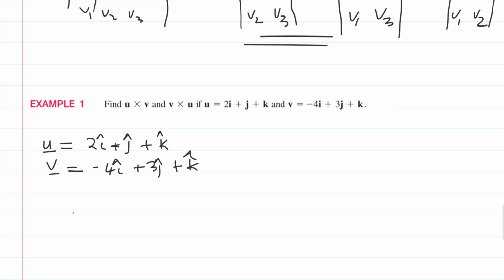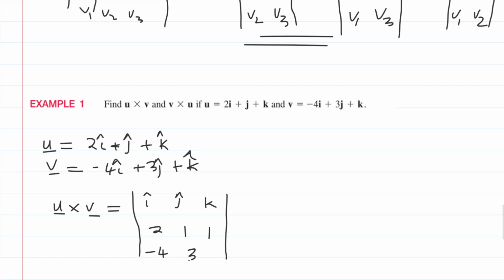Now we want to find the cross product u cross v. By the rule of cross product, the first row will be i, j, k. The second row will be the components of u, which is 2, 1, and 1. Then the third row will be the components of v, minus 4, 3, and 1.